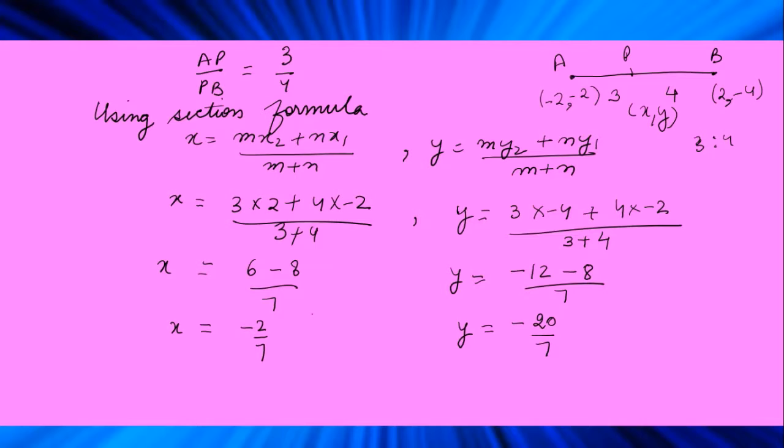So the coordinates of point P is (-2 upon 7, -20 upon 7). So in this way you can solve it. It is very easy, and if there is any problem in any step, then you can write in the comment section.